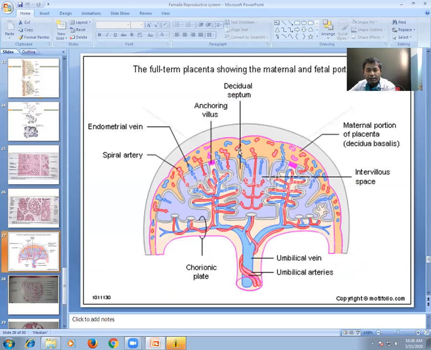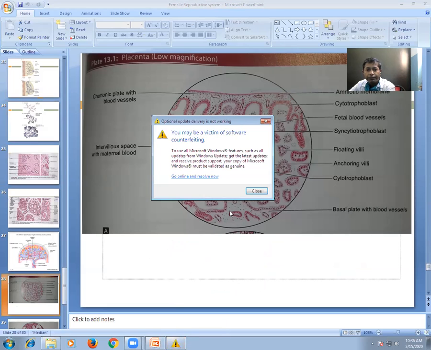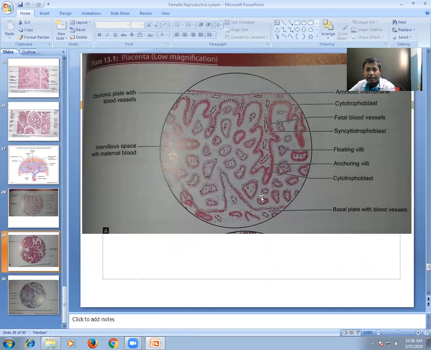Here, this diagram I explained regarding the placenta. This is the deciduobasalis. These are the anchoring villi, and these are the floating villi, and in between you will get the intervillous space, which is filled with the maternal blood.